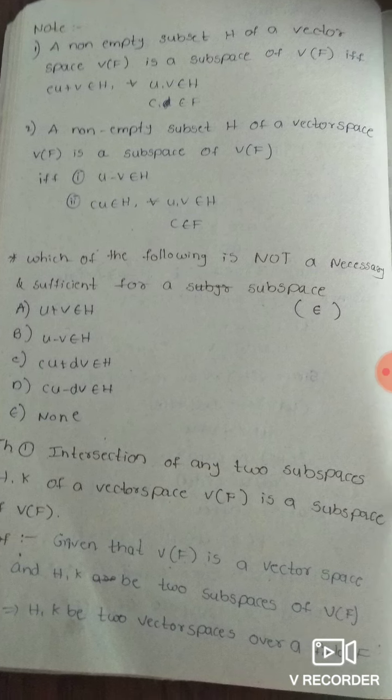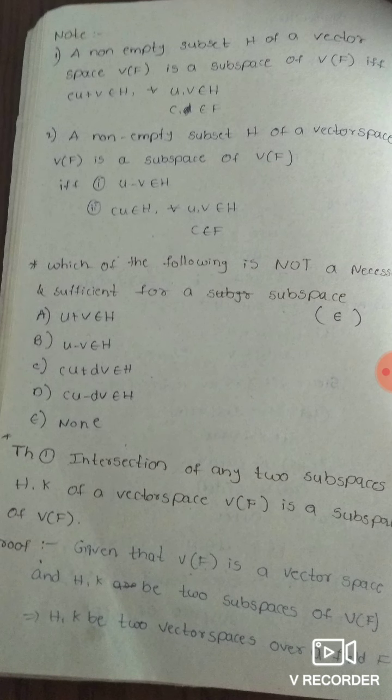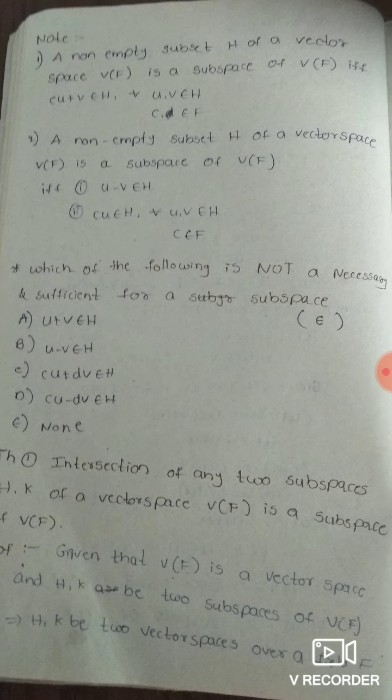Which of the following is not a necessary and sufficient condition for a subspace? This is a multiple choice question from the examination entrance point of view. The options are: u plus v belongs to H, u minus v belongs to H, cu plus dv belongs to H, cu minus dv belongs to H, and the last one is none of these.